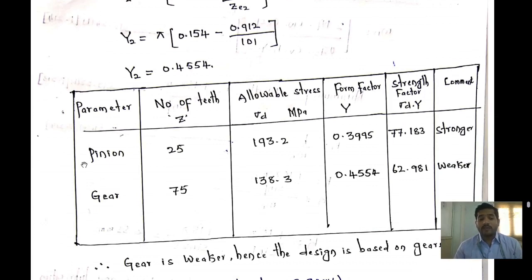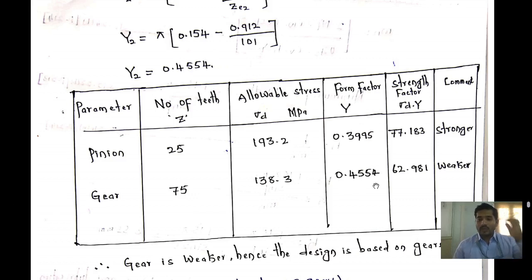After that, first of all you need to draw a tabular column in which you write down the parameters for the two gears, the pinion and the gear. The number of teeth on the pinion is 25, and on the gear it is 75. The allowable static stress of the pinion is 193.2, which we found from the table, and for the gear it is 138.3 megapascal. The form factor for the pinion is 0.3995, and for the gear it is 0.4554.